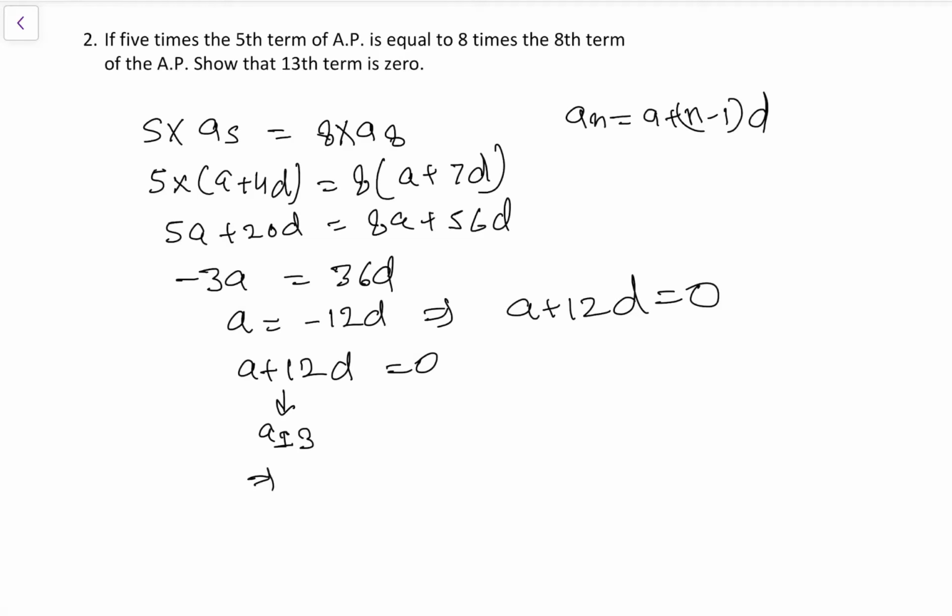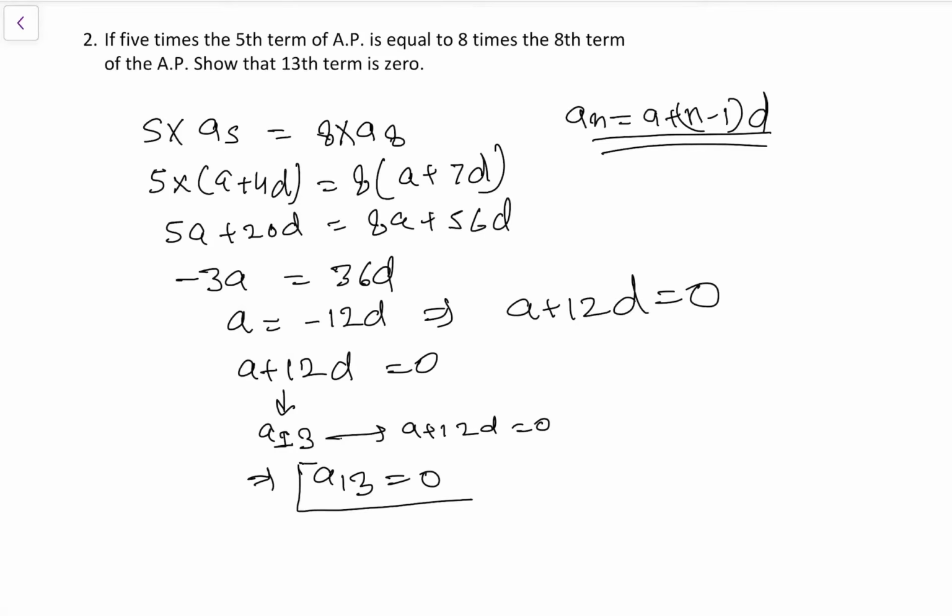So we can say that A13 is equal to 0. A13 we can expand by the same formula, A plus 12D, which is 0 from above. So we prove that A13 will be 0.